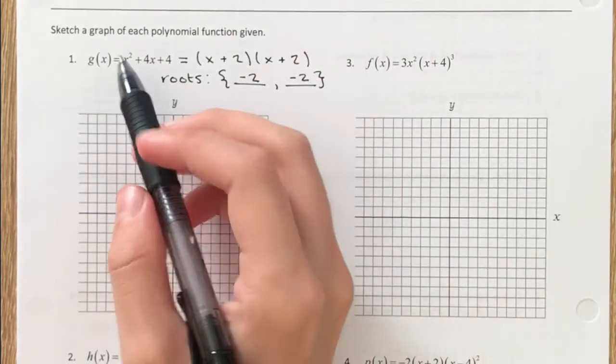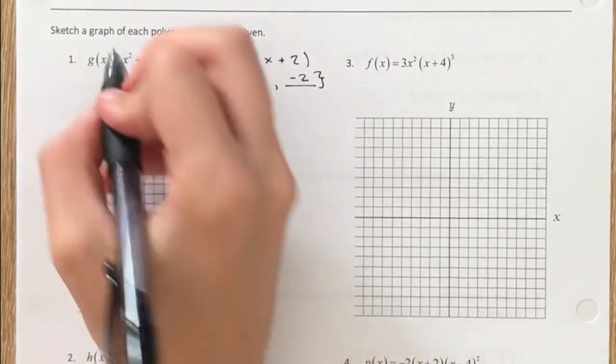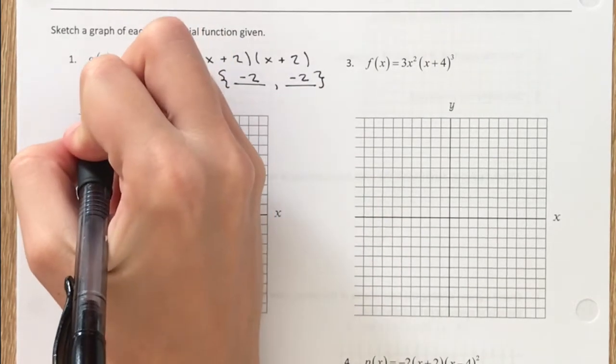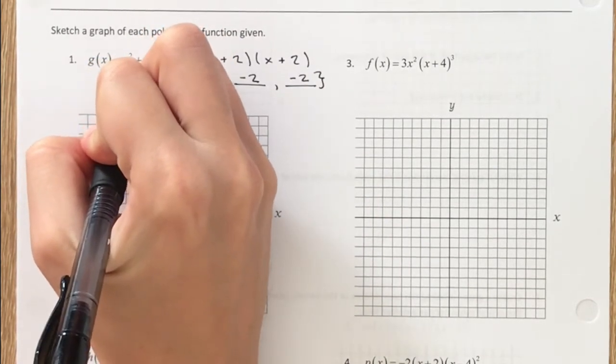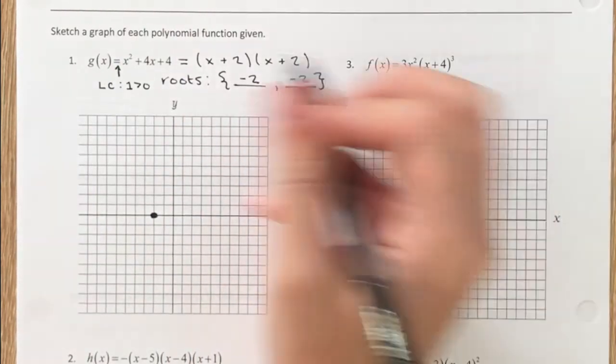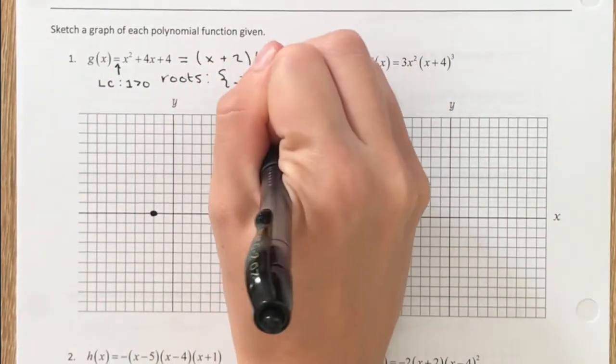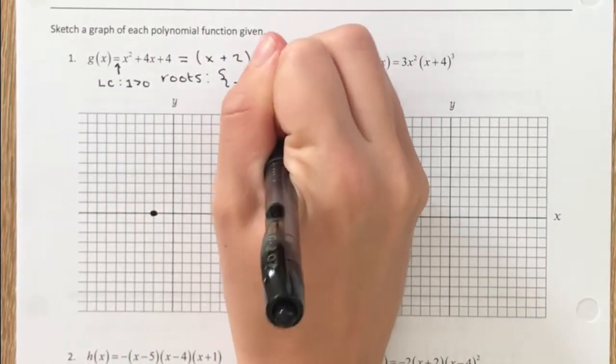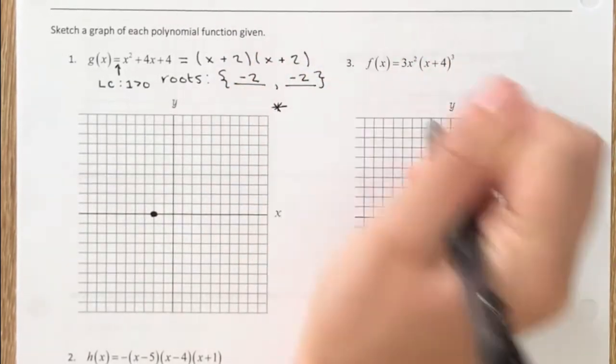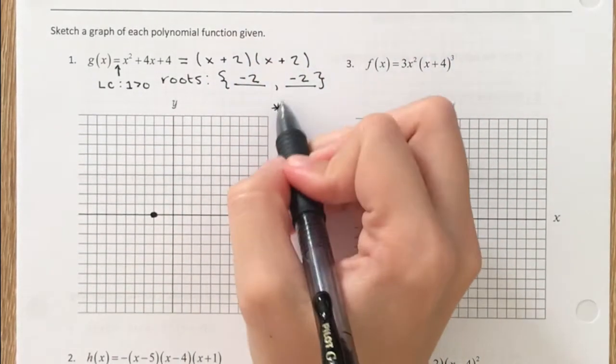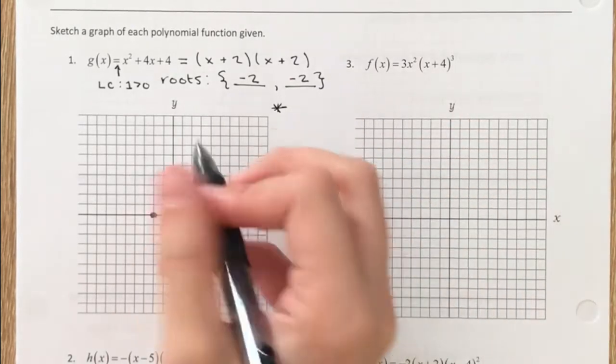We also know that our leading coefficient is 1, which is greater than 0. So that means that our end behavior, as we move off the graph to the right, we're going to move upwards. I like to note it with a star. It kind of helps.